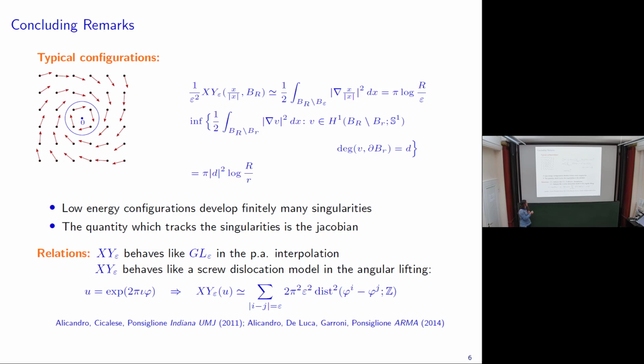If I express my u as the exponential of 2 pi i phi, then the XY model behaves essentially like a screw dislocation model, where this is, if you want, the elastic energy, so the square of the elastic part of the gradient. But I think Adriana will tell you more about that. This is a connection that has also been observed in a series of papers.